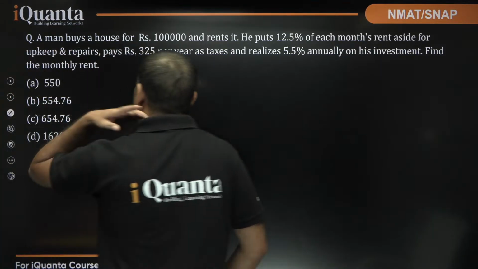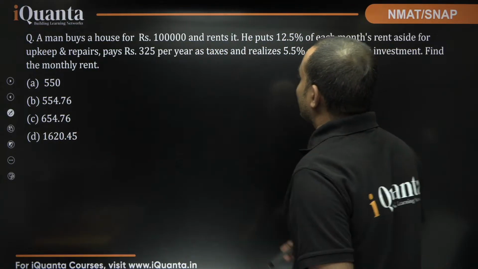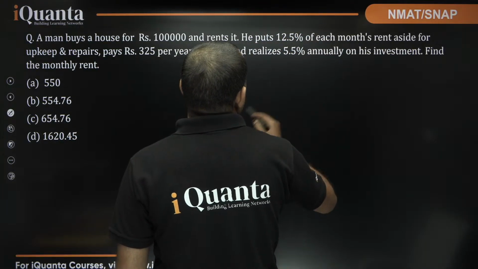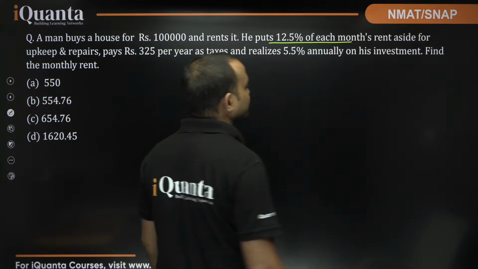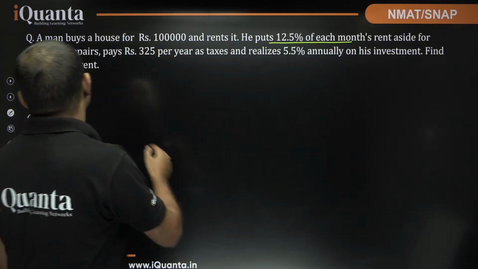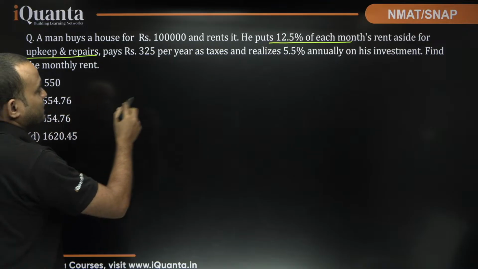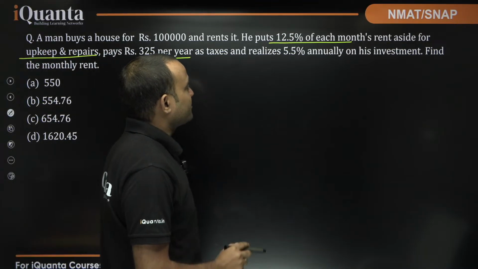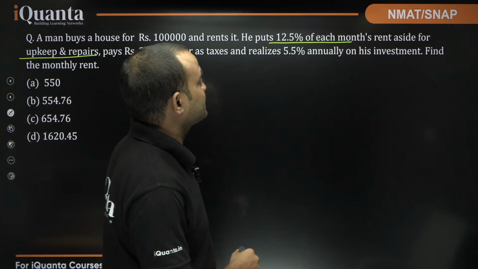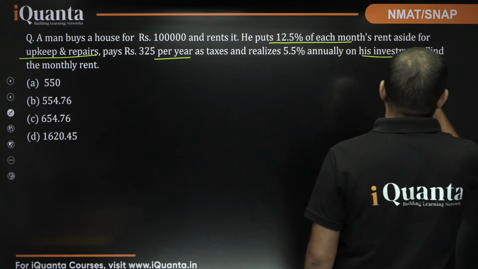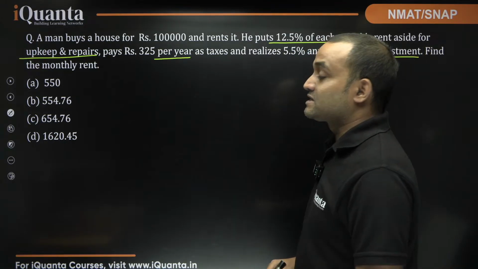Okay, let's check it. A man buys a house for 1 lakh rupees and rents it. He puts 12.5% of each month's rent aside for upkeep and repairs, pays 325 rupees per year as taxes and realizes 5.5% annually on his investment. Find the monthly rent.